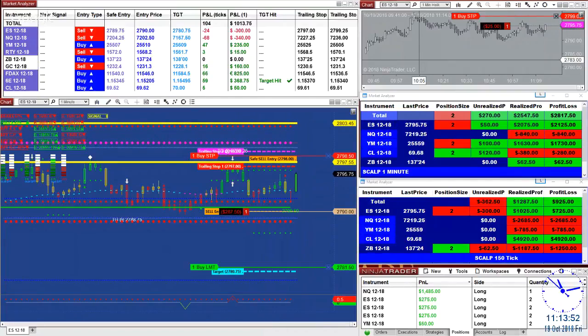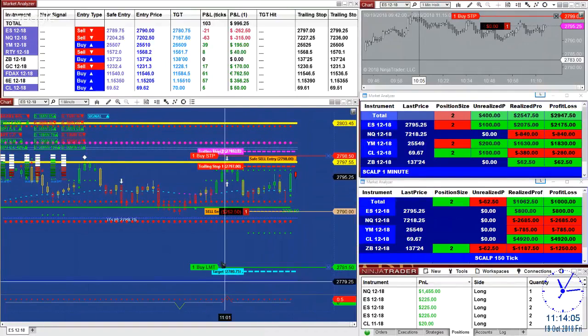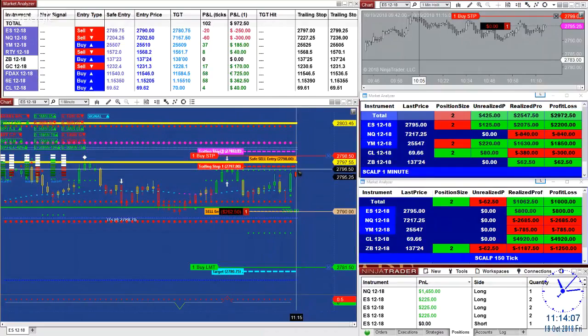And use 15 ticks as a stop loss. You can use a trailing stop, or if you want to use 10 ticks as a stop loss, I don't care. Because now if you look at this entry, the entry is based on the resistance at 96.50.